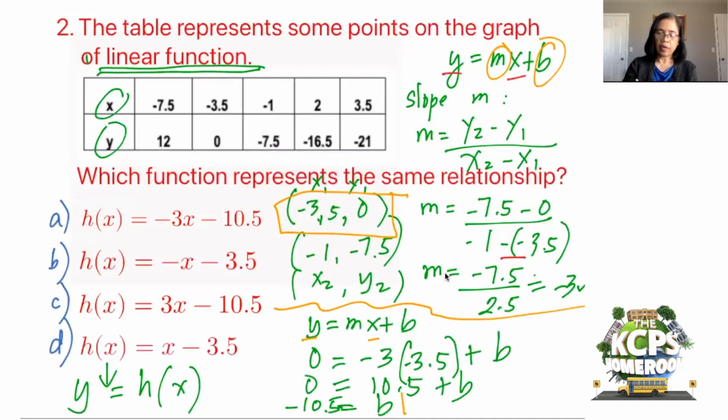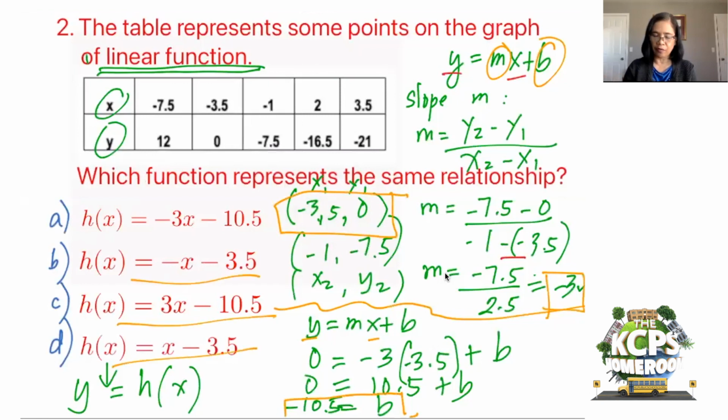Okay, so we now have our values for m and b. So of these equations, let's look at this: y equals mx plus b. If you're taking the test, you can eliminate already. We already have negative 3 as our slope, so this is eliminated, and this is eliminated.